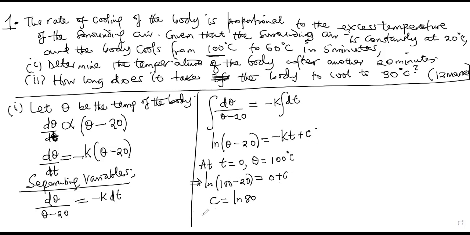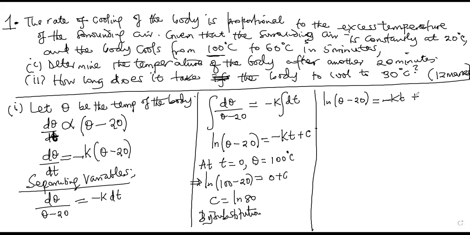By substitution, it means that we have ln(theta minus 20) is equal to negative kt plus ln 80.